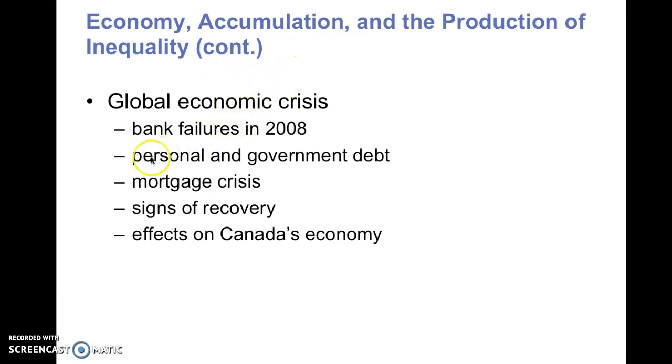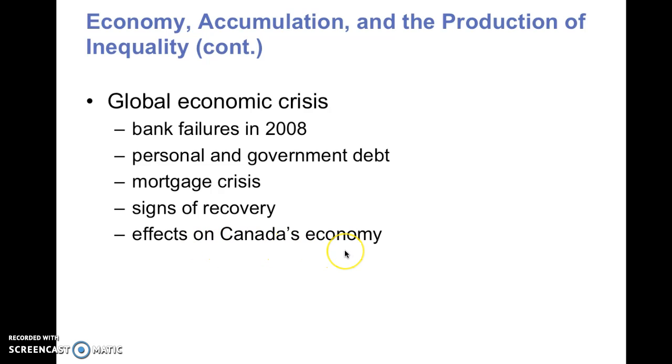Personal and government debt was high. Mortgage crisis. You had a lot of mortgages out there where there were inflated prices. Housing prices in the Central Valley were some of the hardest hit in the country. It's just starting to recover. We're having some recovery. The home prices are starting to grow again in the valley, but they're not anywhere near the levels that they were.